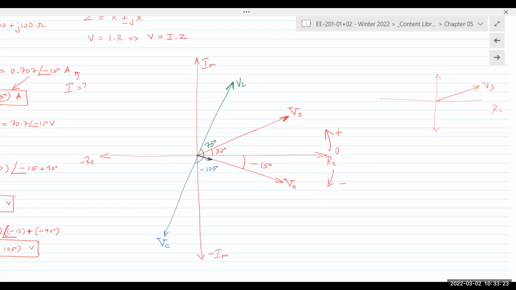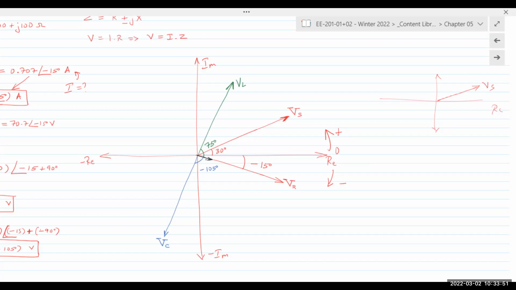It's a series circuit, so the source current is the same current flowing through all the components, noted by the small arrow here in black. It has the same angle as the voltage for the resistor, which makes sense because voltage and current for a resistor are always in phase. If you get a different answer, then you're doing something incorrect. So VR and IR have to have the same phase.